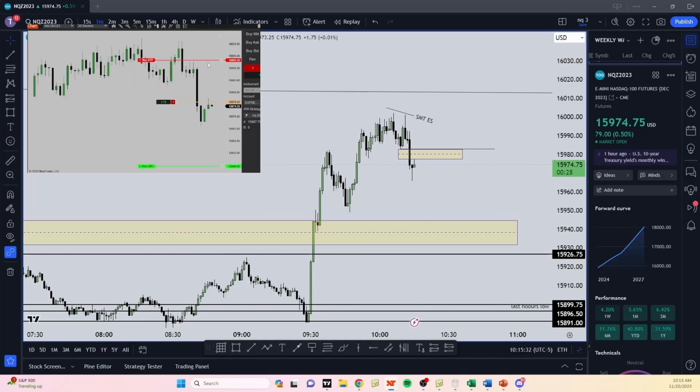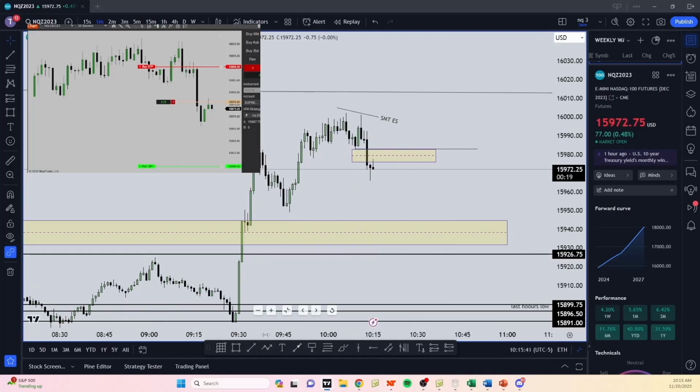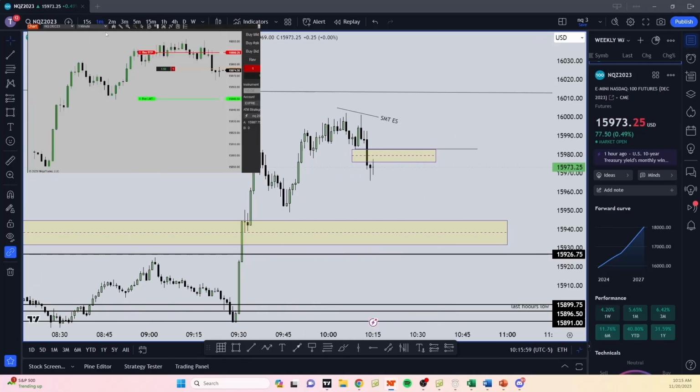We put a stop above the candle that created the fair value gap because it is a large displacement. It's a large fair value gap, so it's totally fine to put it there.